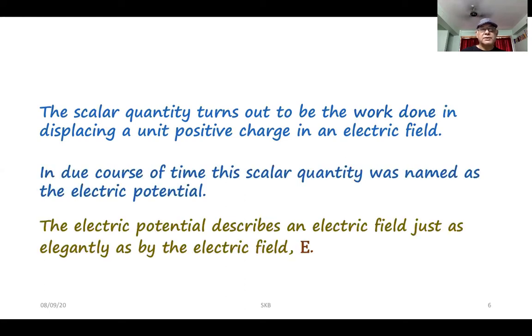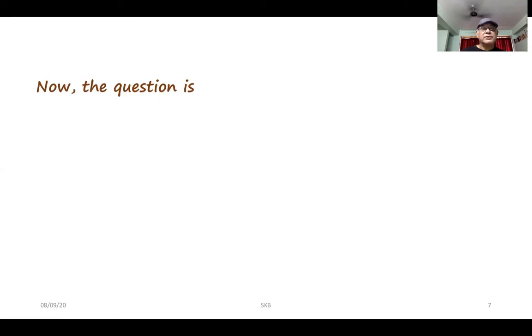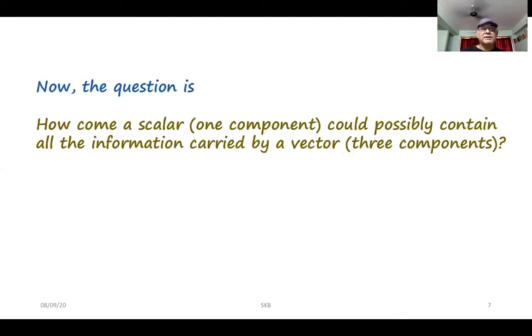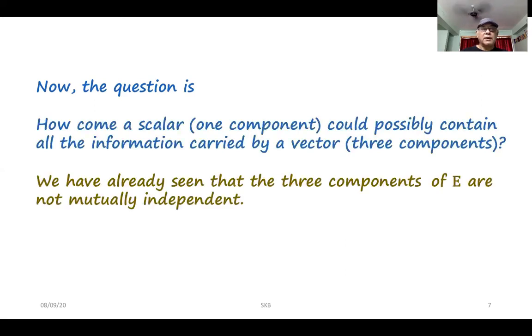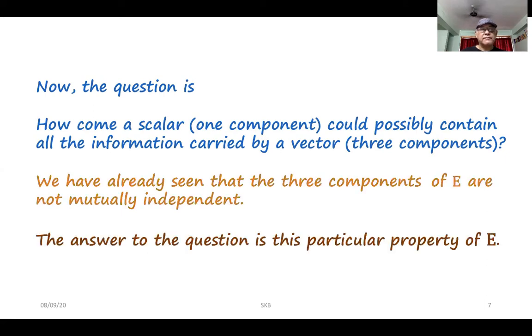The electric potential describes an electric field just as elegantly as the electric field E. Now the question is, how come a scalar, one component, could possibly contain all the information carried by a vector, three components? We have already seen that the three components of E are not mutually independent. The answer to the question is this particular property of E.